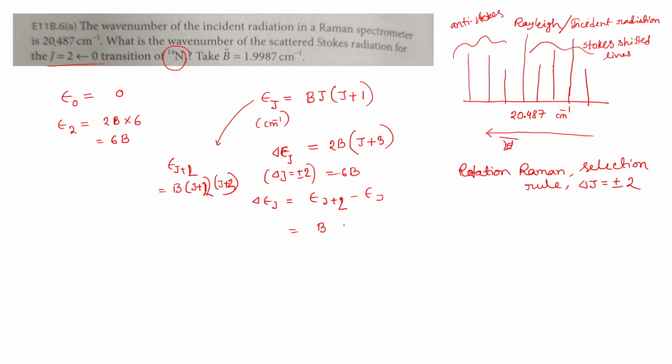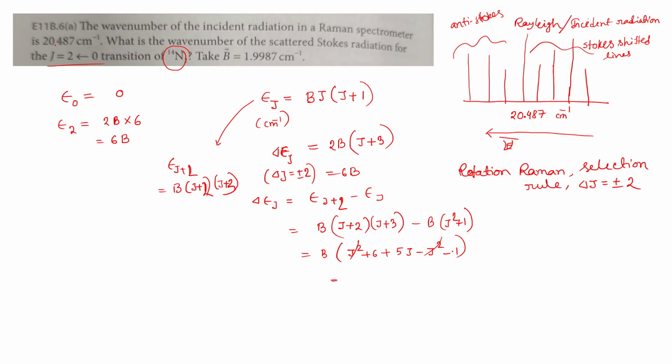B into J plus 2, J plus 3, minus B into J plus 1, J plus 2... that gives J square plus 5J plus 6 minus J square minus... J square is gone.